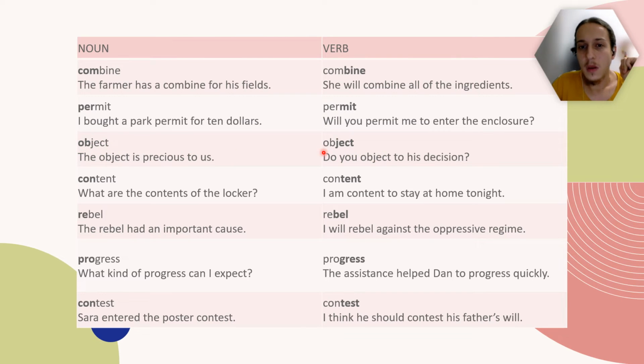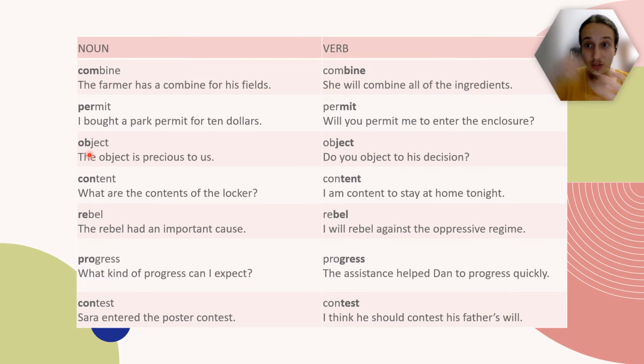Noun, verb. Object, object. Noun, object, verb. Look that in the first syllable of each word you have bold letters.